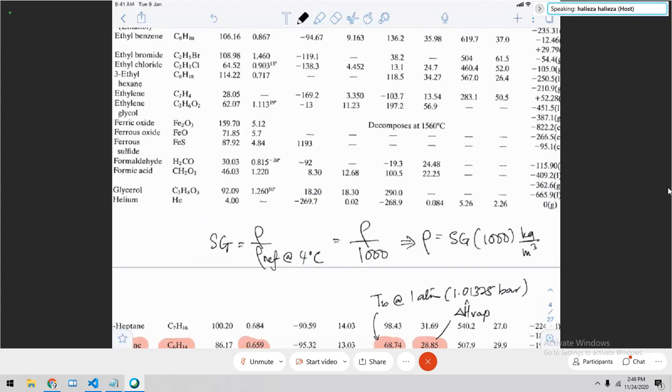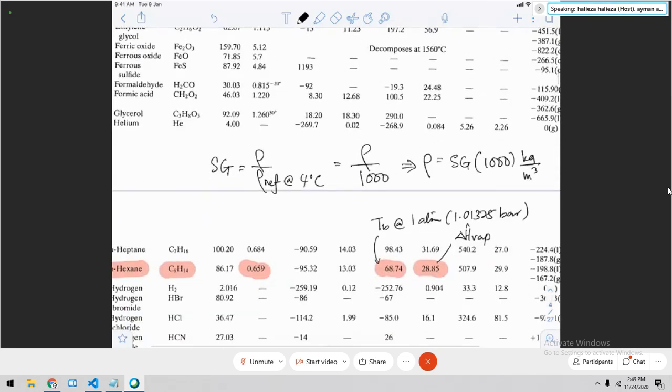Is that right? Yes, doctor. Okay, so the density for hexane, C6H14, is 0.659 times 1,000, and that's going to be 659 kilogram per cubic meter.